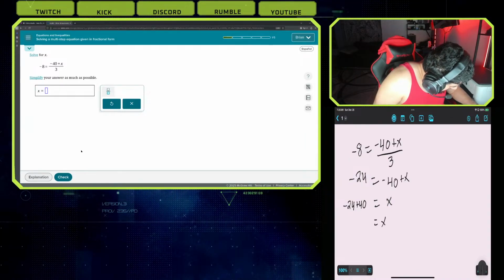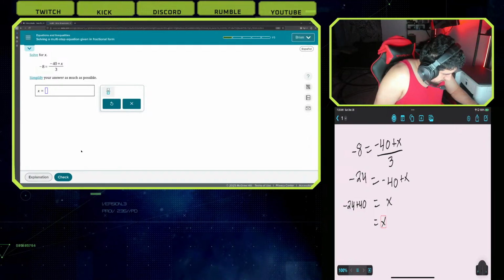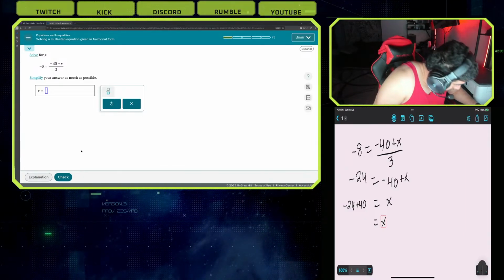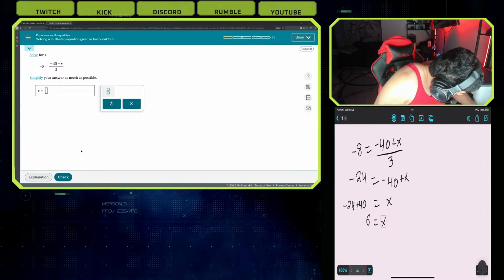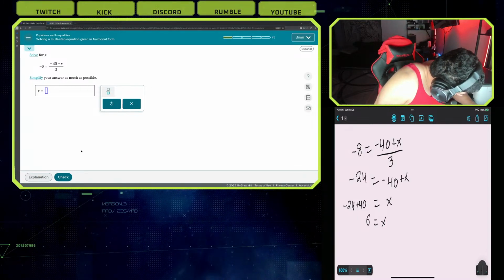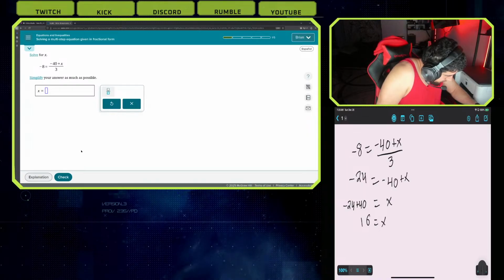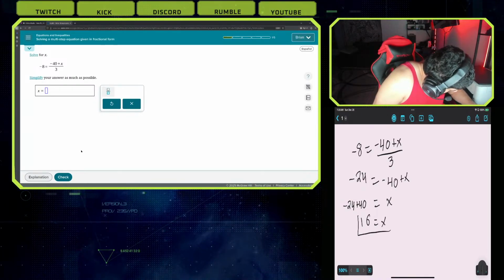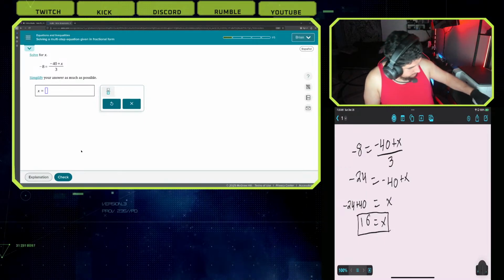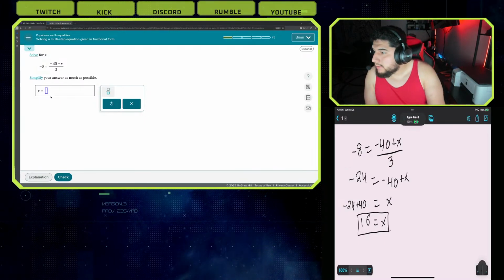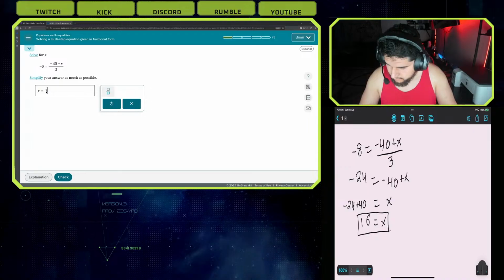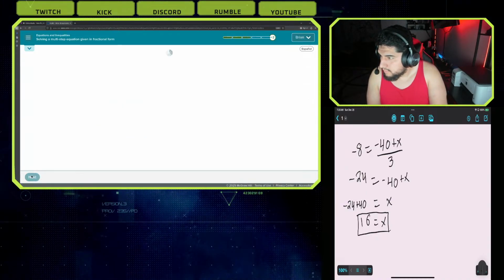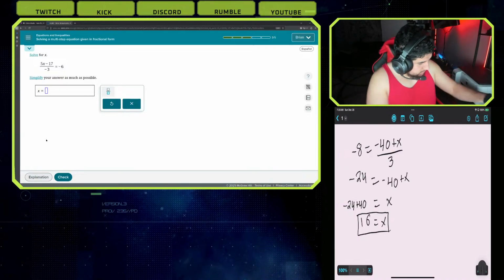So x equals, all right, so it's gonna be a positive. So basically 40 minus 24 equals 16, right? Yep, x equals 16. Right. Okie dokie.